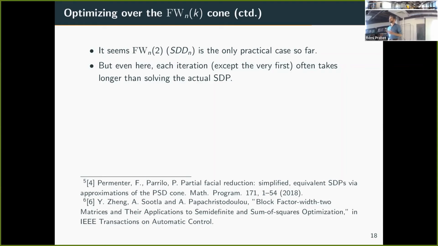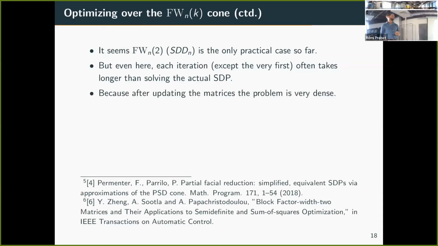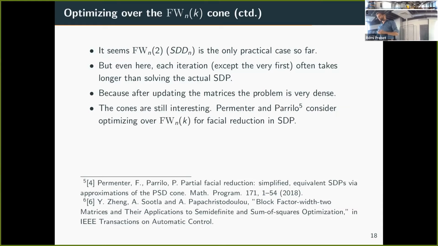The very first iteration is most of the time a lot faster, but from the second iteration on, each iteration takes quite long. The reason is that after we update the matrices, all the data matrices are very dense. And an SDP with very dense data matrices is usually very difficult to solve, or just takes a long time.